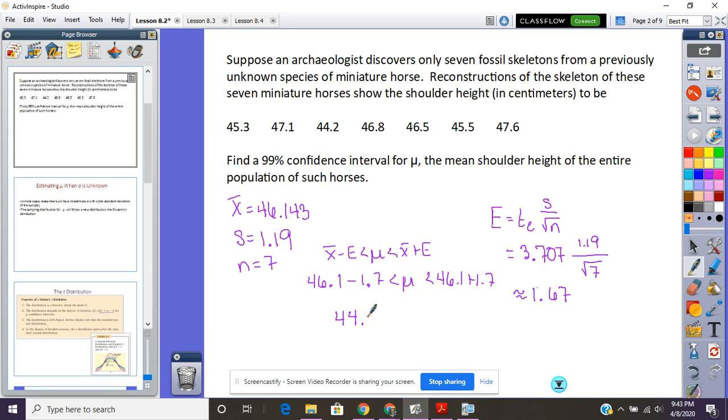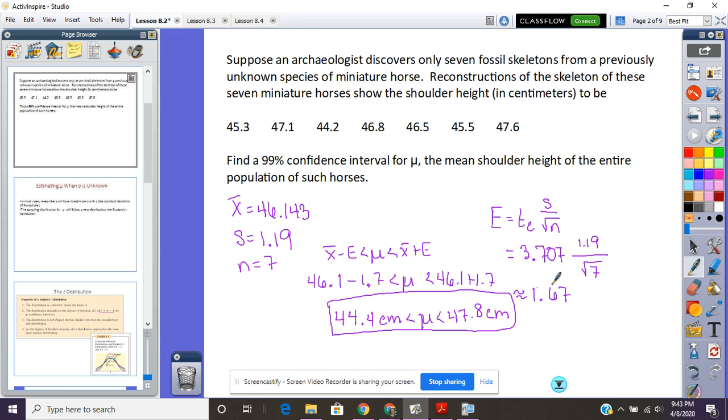So 44.4 centimeters and 47.8 centimeters. So we can say with 99% confidence that the average height of these miniature horses was somewhere between 44.4 centimeters and 47.8 centimeters, just based on this sample.